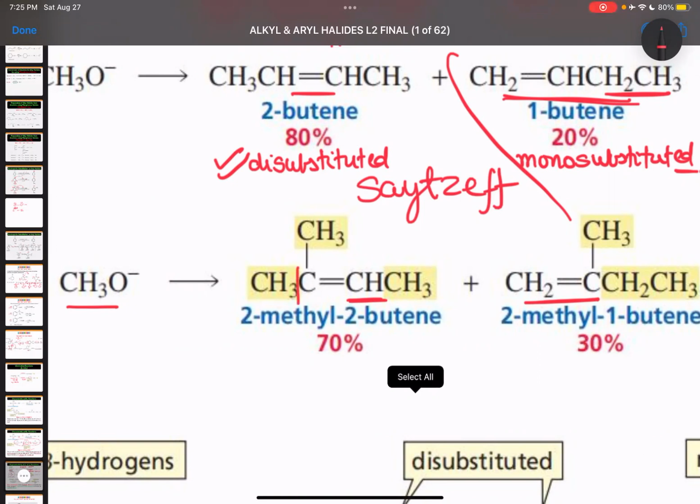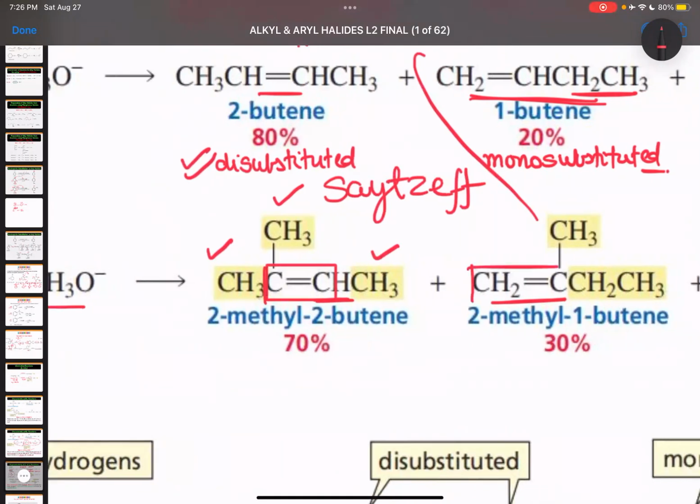And if you count the number of alkyl groups, this one has 3 alkyl groups, 3 methyl groups. Okay. And this one has 2 alkyl groups on the double bond. You need to look at the doubly bonded carbon, at how many carbon-containing groups are directly joined to the doubly bonded carbon atom. And that will let you decide how substituted that alkene is.